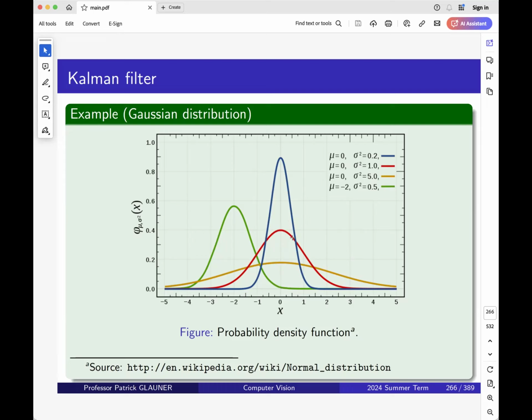The blue one is thinner because sigma squared is 2. And if sigma squared is greater than 1, for example 5, the orange one, it stretches out more. We can also move the mean to -2 with sigma squared 0.5.